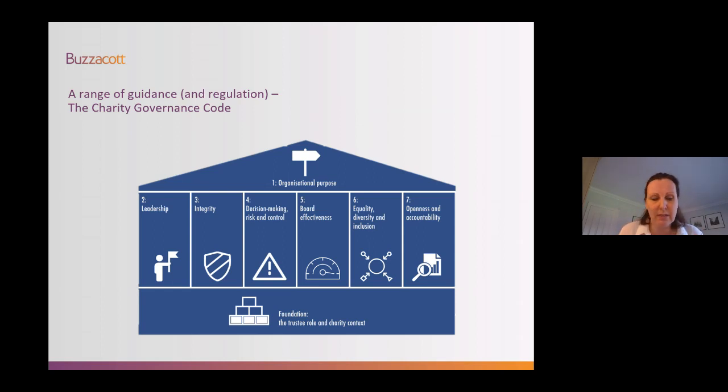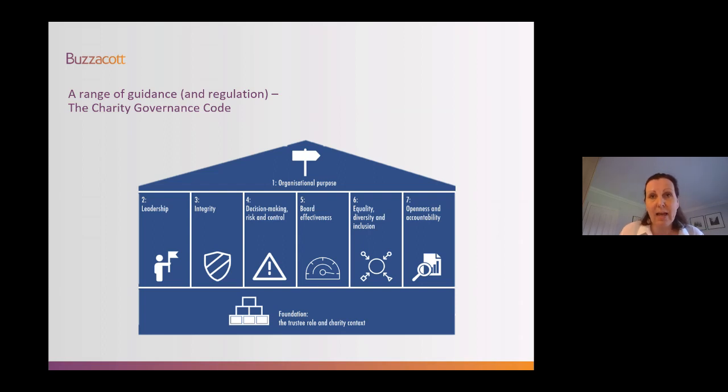So a lot of these themes are very much coming through for the academy sector in the Academy Trust Handbook. Board effectiveness, again, is something that the DfE heavily focus upon, the ESFA focus upon in the Academy Trust Handbook in terms of governance reviews. And in this year's Trust Handbook, they've really emphasised the value of external governance reviews.